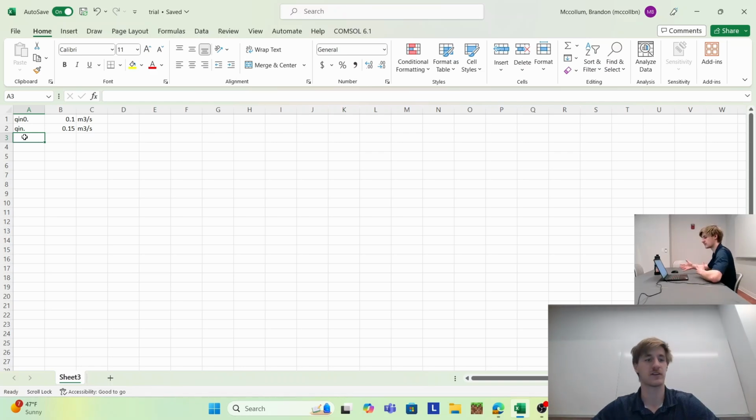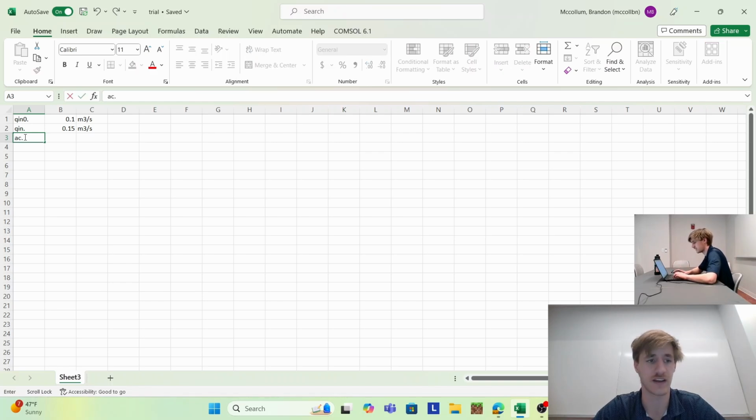Our flow after our time starts is going to be 0.15 meters cubed per second. Our cross-sectional area is 1 meter squared, and our cross-sectional area going out is 0.2 meters squared.